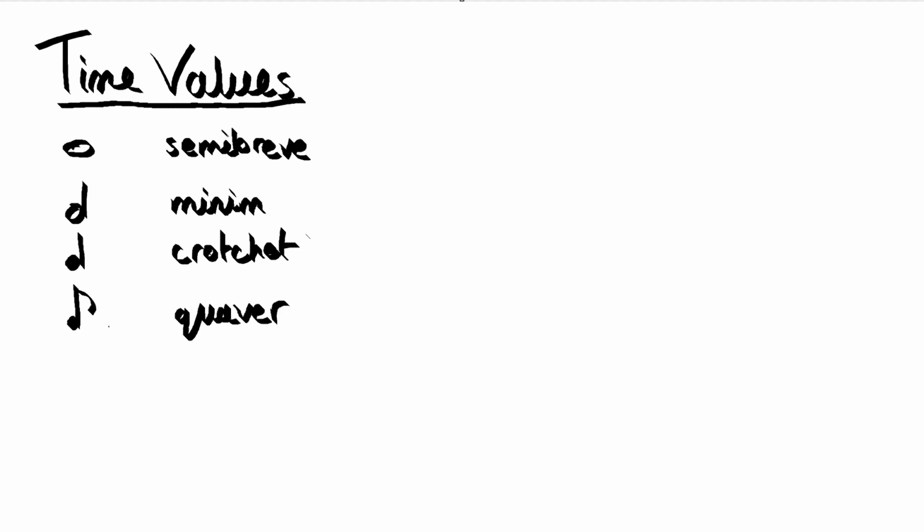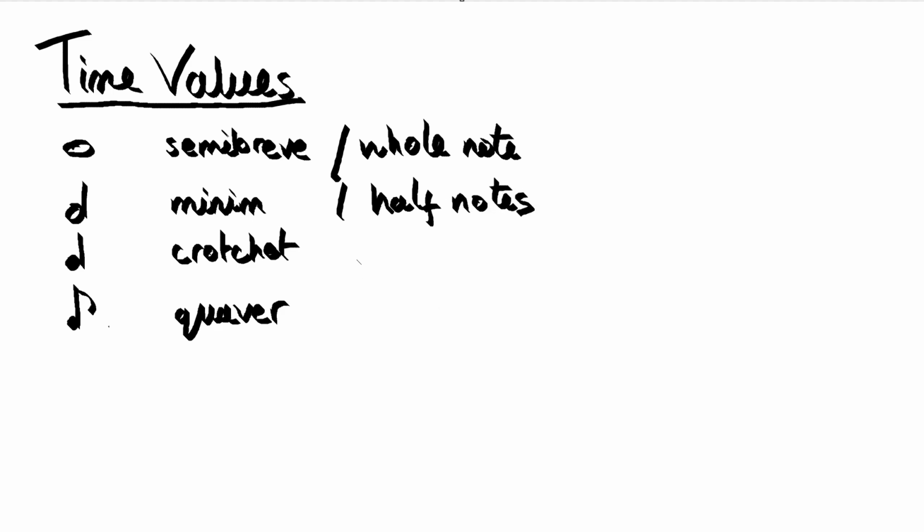The American names are as follows, and as we will see, they are sensible. We have whole notes, we have half notes, we have quarter notes, and we have eighth notes.